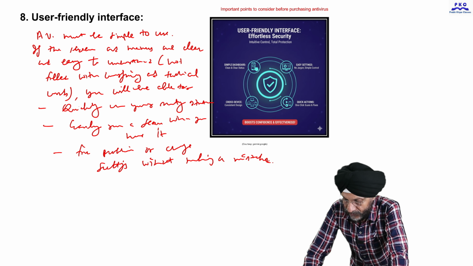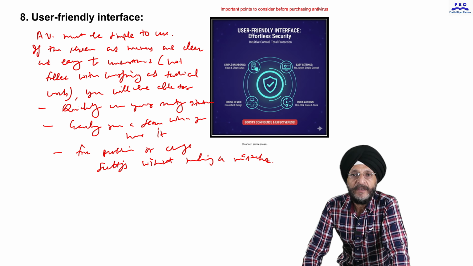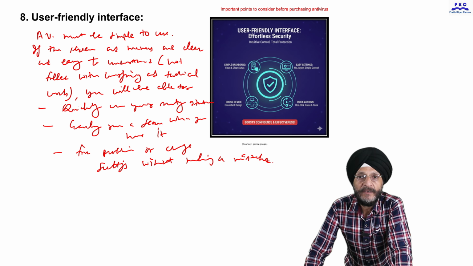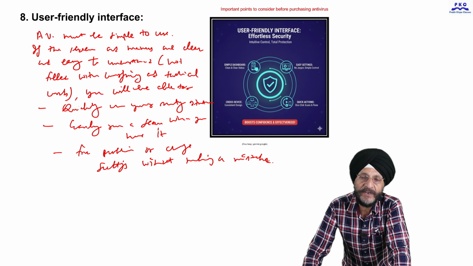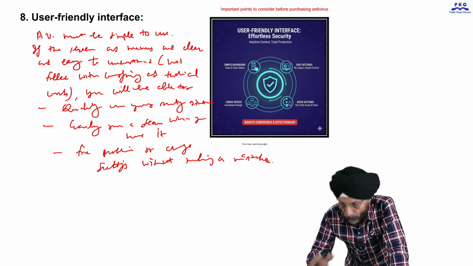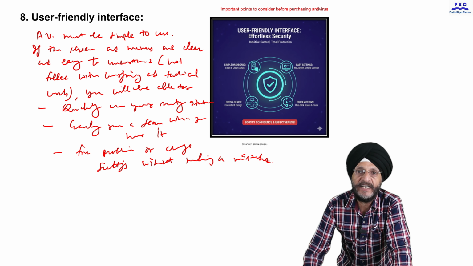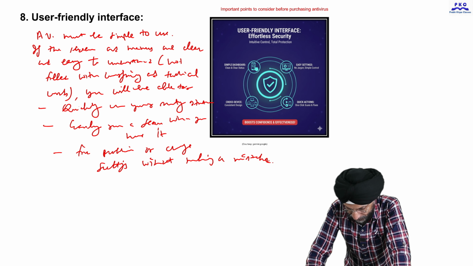If the interface of your antivirus is complicated, then it may be possible that you may miss an important warning with regard to threat, or you may not be in a position to change the settings properly when the same are required.